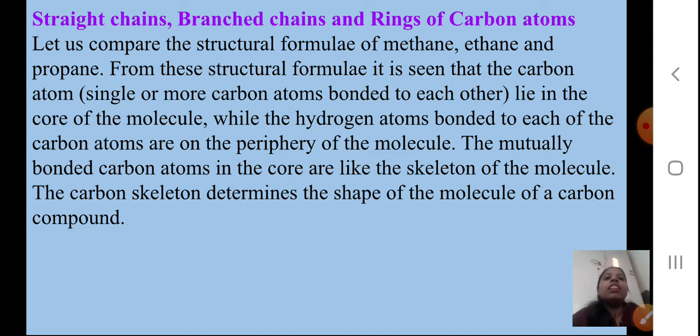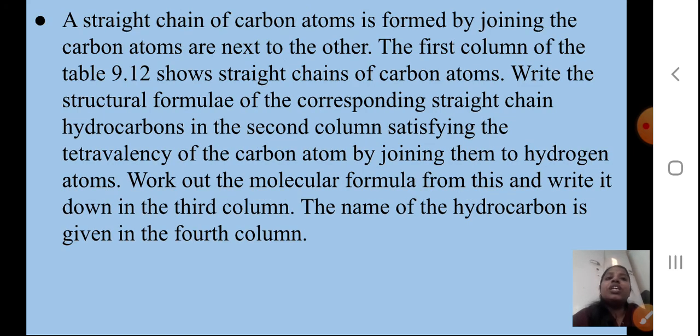Now, students, a straight chain of carbon atoms is formed by joining the carbon atoms next to each other. In a line when we join the carbon atoms, they are called a straight chain. The first column of Table 9.12, given in your text, shows straight chains of carbon atoms.